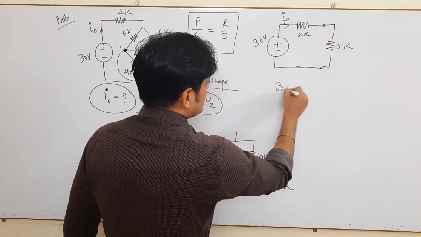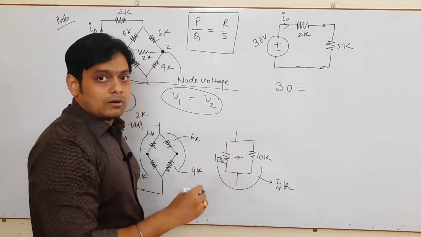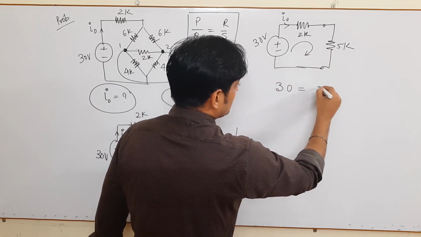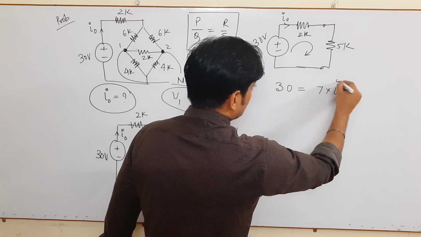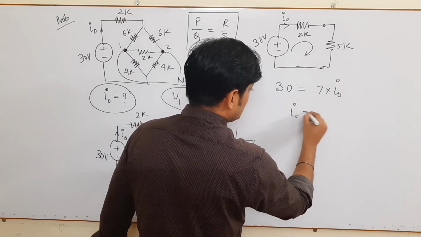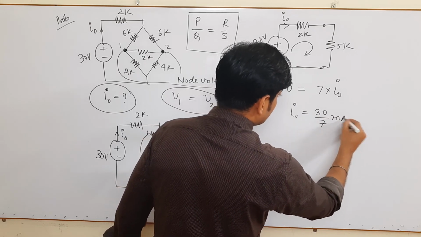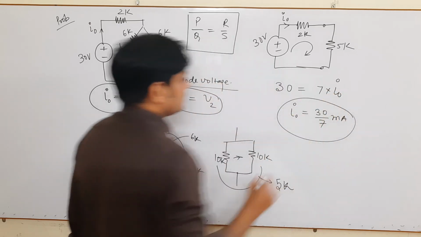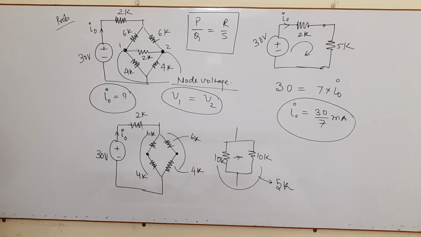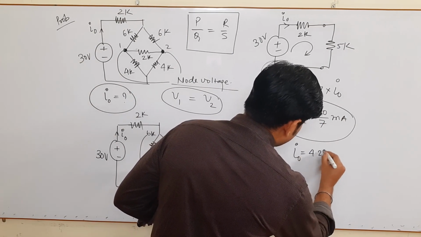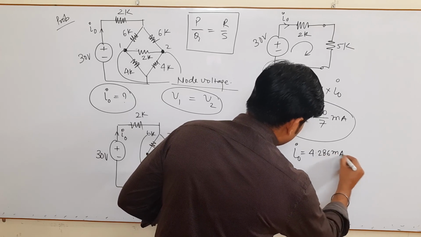Just by simply applying KVL here, 30 is equal to 7K into I naught. So the value of I naught in milliampere is 30 by 7 milliamperes, or you can say it is 4.286 milliampere.